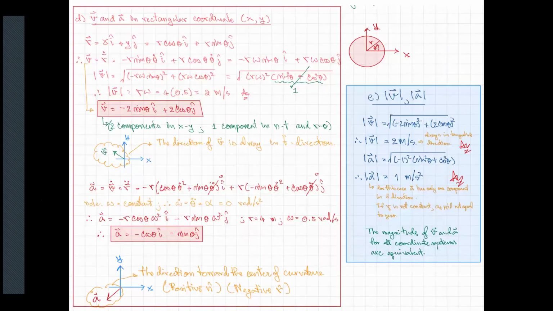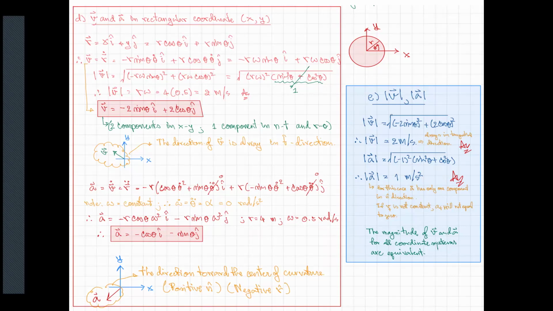If we solve this in the X and Y coordinate system, we have to set up X and Y axes, and we start with the position vector. The position vector is r in X and Y, so for this case the position vector is r cosine theta i plus r sine theta j. If we would like to determine the velocity, we have to take the derivative of this.